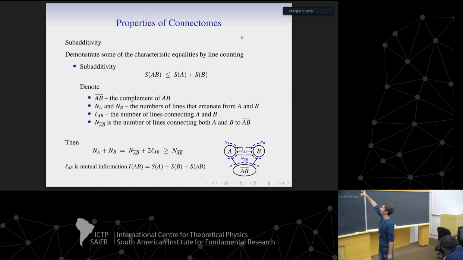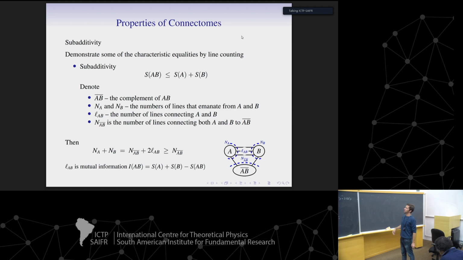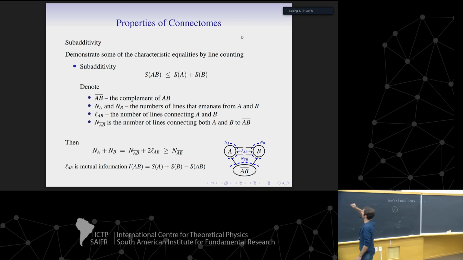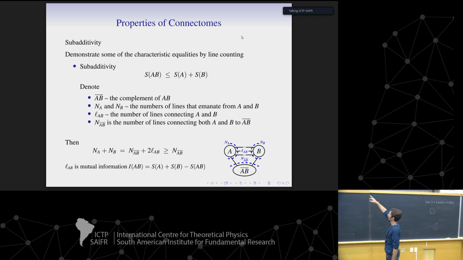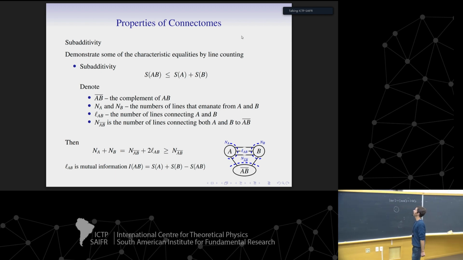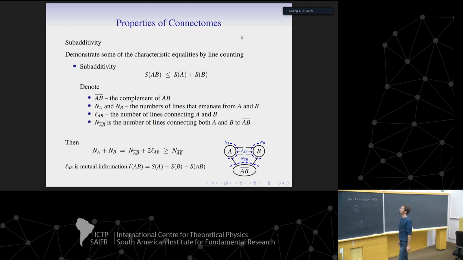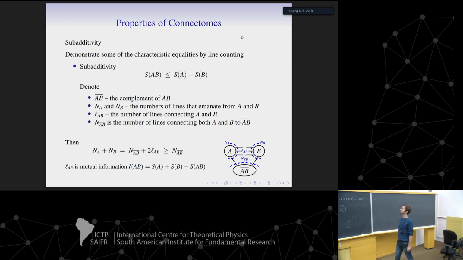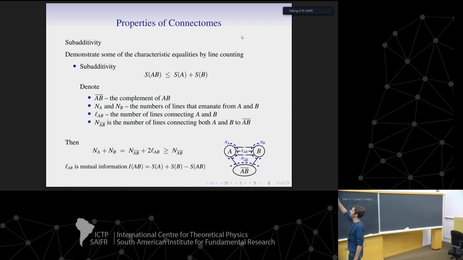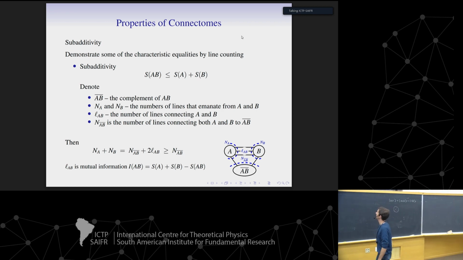So you have A and B and the complement, AB bar. Each of them has some number of lines attached. If you compute the number of lines, there's a simple relation that you can check: the number of lines connected to A plus the number of lines connected to B is equal to the number for AB bar plus twice the number of lines connecting A and B. And then it is trivial to show that this is greater or equal than N of AB bar.